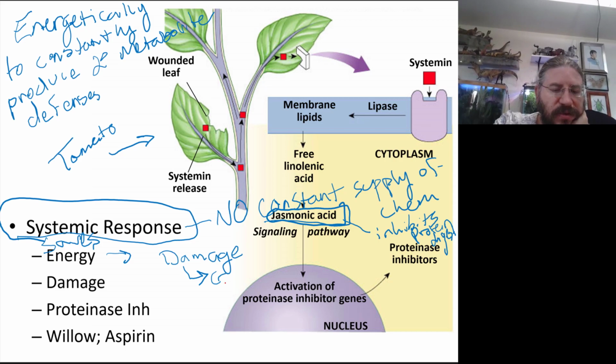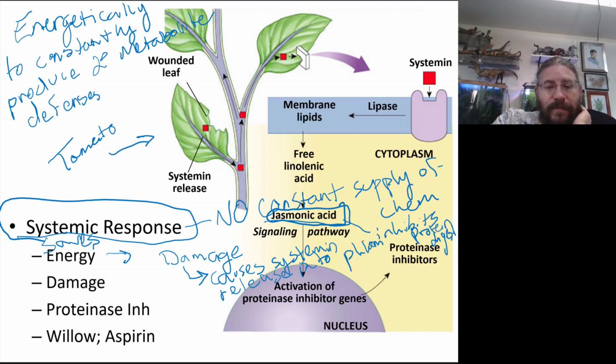So cysteamine is released into the phloem. Right? And that activates the jasmonic acid production pathway.